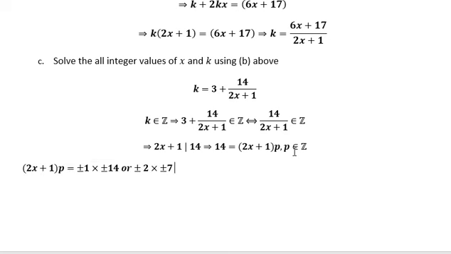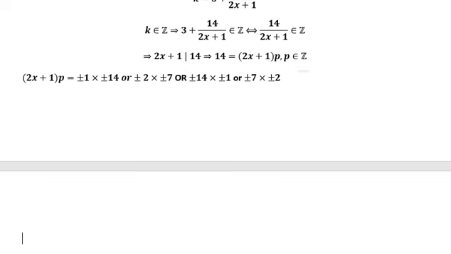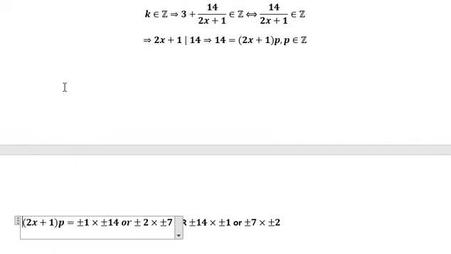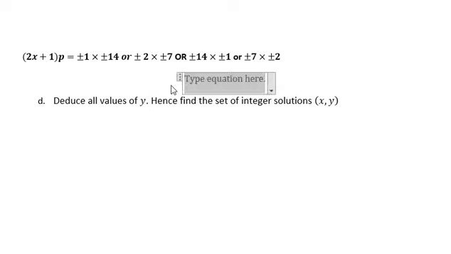Or we can also have plus or minus 14 times plus or minus 1, or plus or minus 7 times plus or minus 2. So at the end of the day, 2x plus 1 will be equal to either plus or minus 1, plus or minus 2, plus or minus 7, or plus or minus 14.